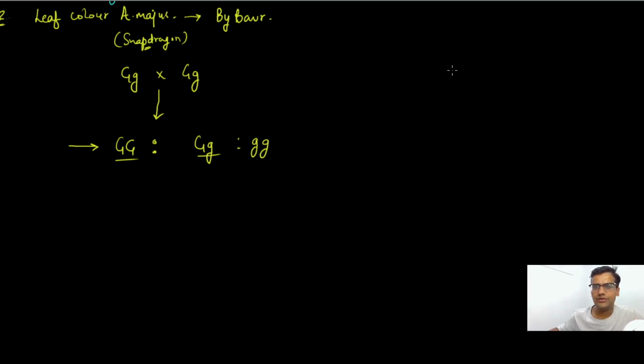The ratio, which should be 1:2:1 or 3:1, was not present. Instead, the ratio was found to be 2:1. This homozygous dominant does not exist in nature because death occurs.